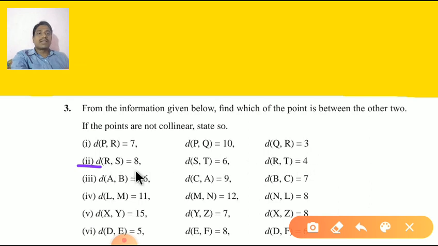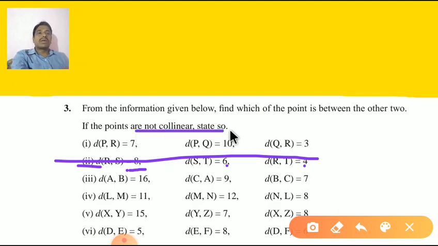Now here the largest number is 8 and adding the remaining two numbers, 6 plus 4 is equal to 10, but 10 is not equal to 8. Hence the points R, S and T are not on the same line, therefore they are not collinear. Hence we cannot find the point between the other two. In the second example the points are not collinear.